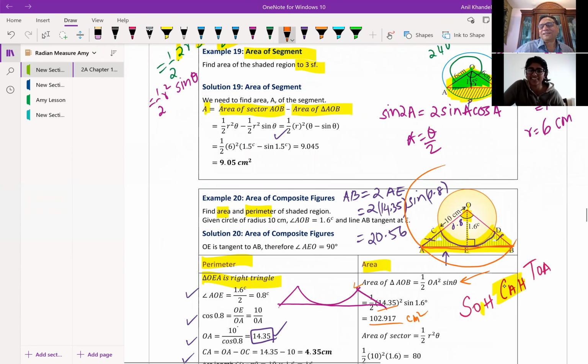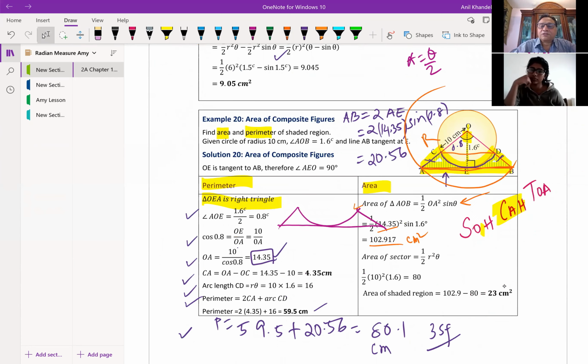So now that becomes my radius. Let me write capital R in this case. Does it make sense to you? Very important. If you do not do that, then you are finding this area, just the OC part and that, which we did in the last example, correct? So this is kind of an extension to the same thing. I hope you appreciate.